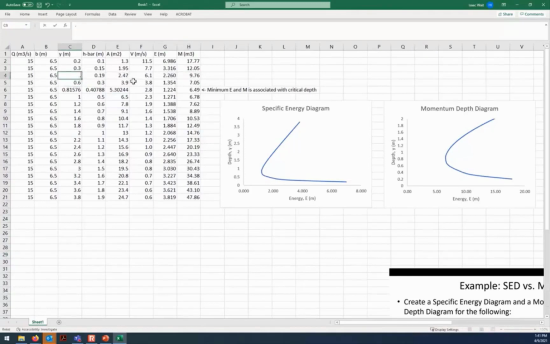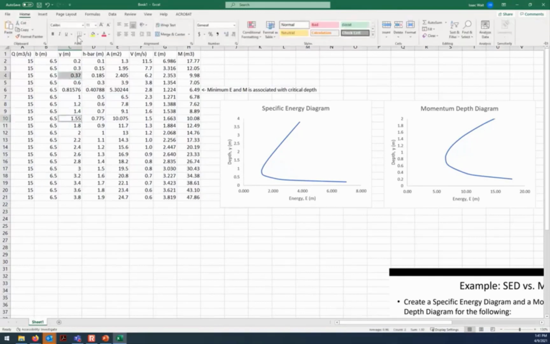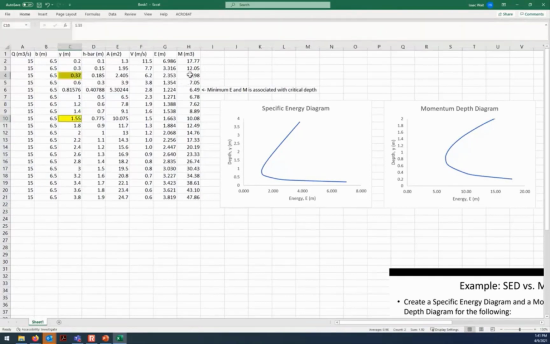That's getting closer, 0.37. All right, so 0.37 has a momentum of approximately 10. And then if we have 1.5, that is approximately 10 as well. So you could have two different depths with the same amount of momentum.